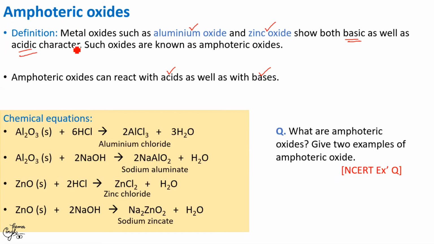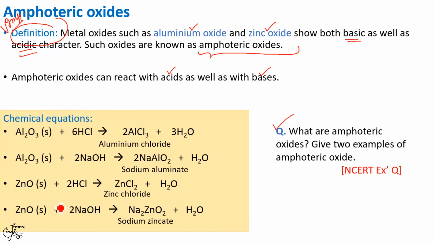Such metal oxides are known as amphoteric oxides. Students, this definition along with examples in the form of chemical equations is asked quite a few times in your examination, both internal and boards. So kindly make a good note of it and mark this topic as a very important topic.